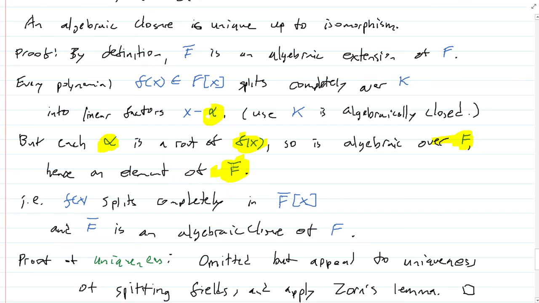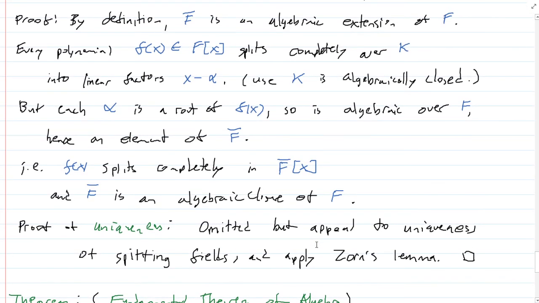We knew these roots were in K, but they're actually in F bar, which is the collection of elements in K algebraic over F. So f of x splits completely, and F bar is an algebraic closure of F. The uniqueness up to isomorphism is omitted even in the textbook, but they say it appeals to uniqueness of splitting fields and an application of Zorn's lemma.